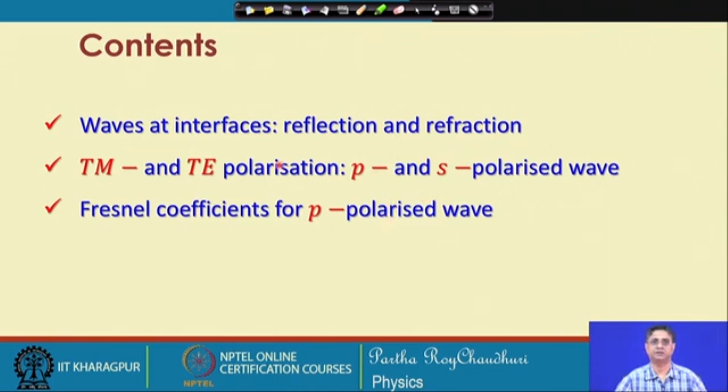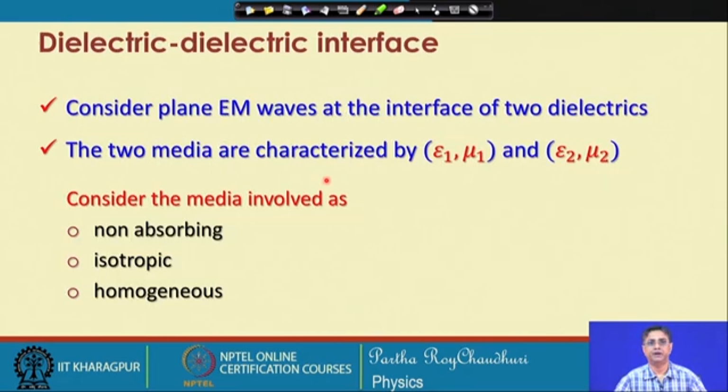waves at the interfaces. So, in order to do that, we will assume the properties of the media which are involved in forming the interfaces. This would be non-absorbing. The individual media will be isotropic and homogeneous.